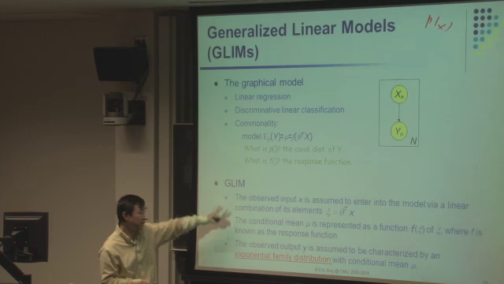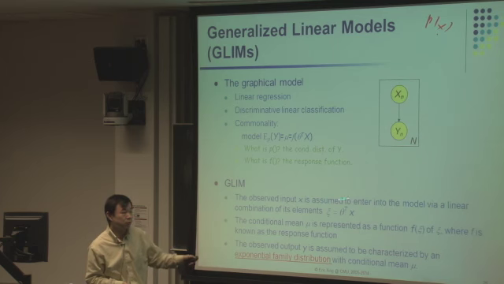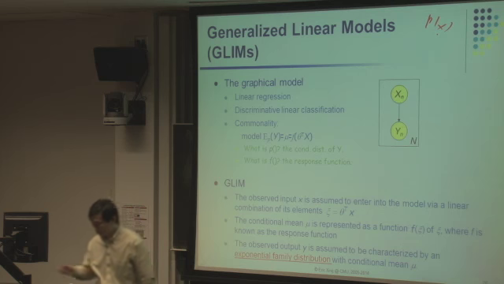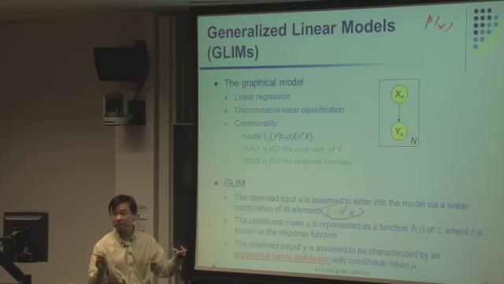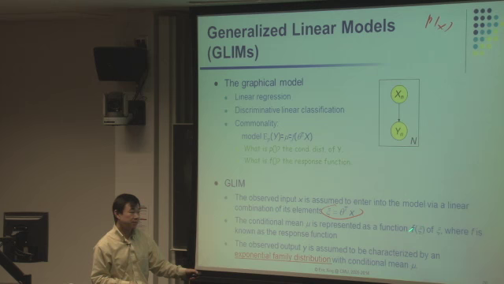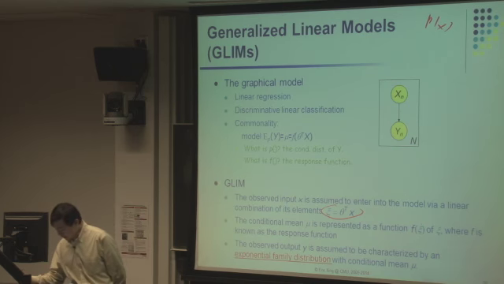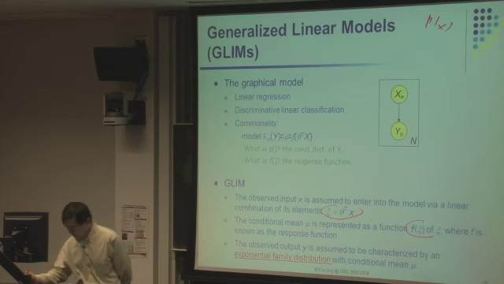It contains the following components. First, the input is assumed to enter the model through a linear combination of its elements. So we produce psi through a weighted combination of all the x components. That's the first step. Then the conditional mean of the output is represented by a transformation, which is known as the response function.